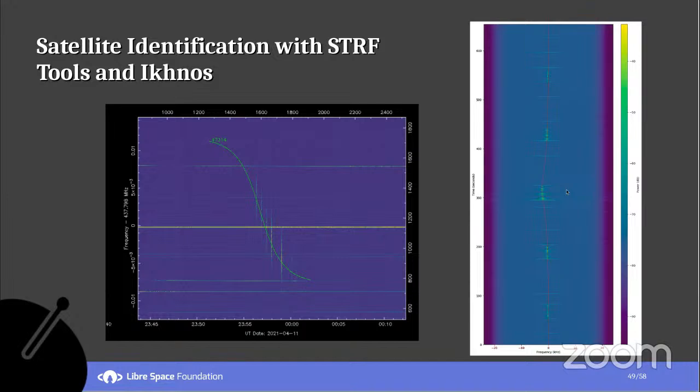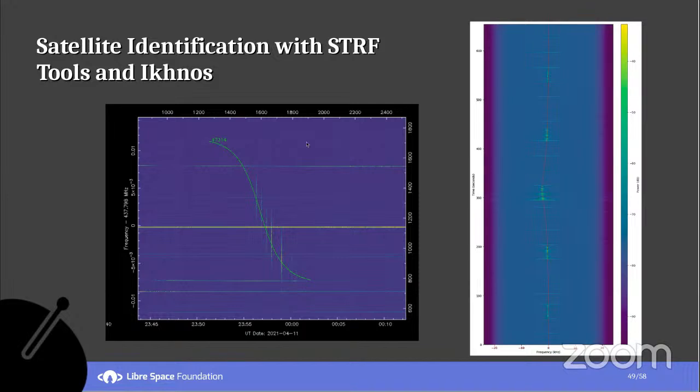Or we used wrong orbital data. On the left side, on the SDRF tools, you can see the frequencies on the y-axis, and you can see that the signals follow a curve. So now we have the signal, Doppler corrected or not, and we have some orbital data for an object.